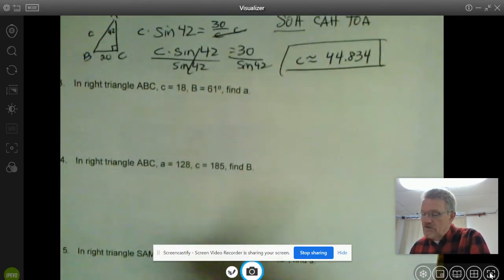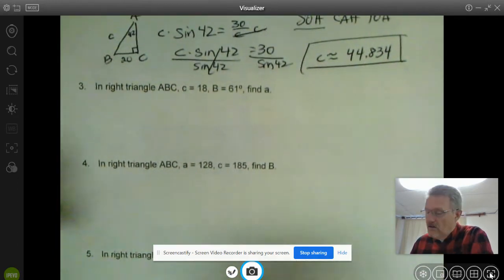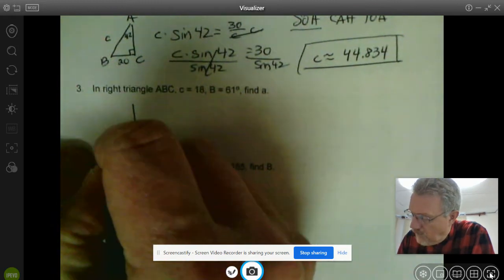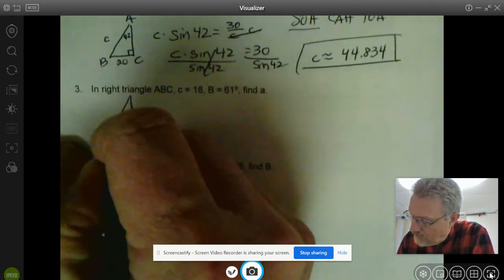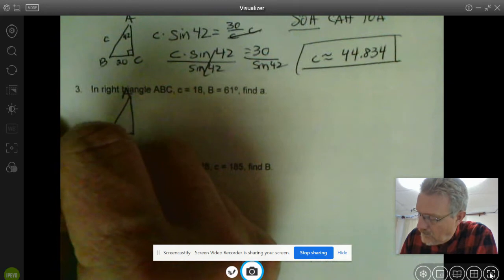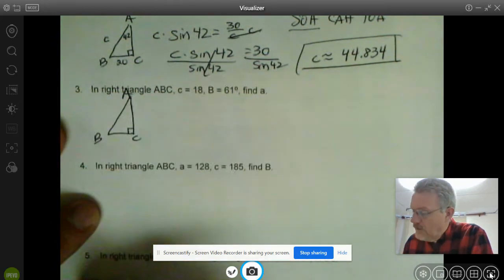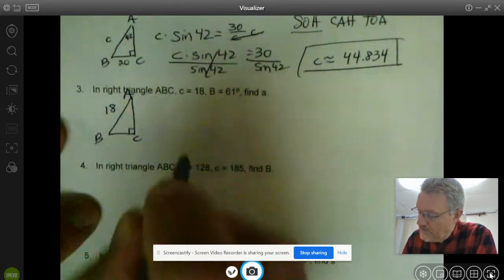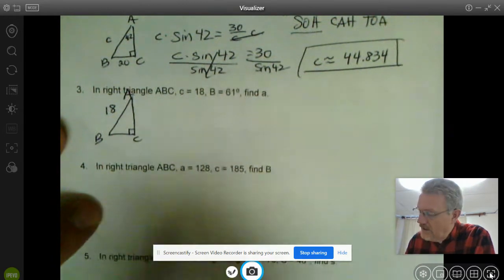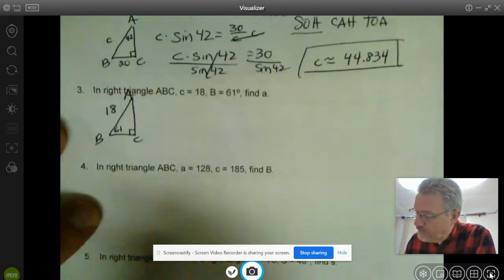Okay, question number 3. In right triangle ABC, C is 18. C is the hypotenuse, right? Angle B is 61.